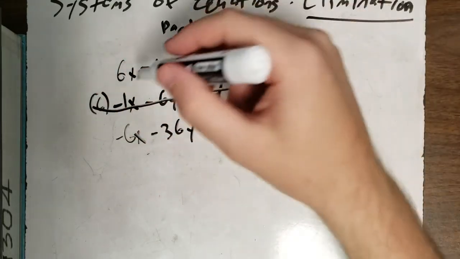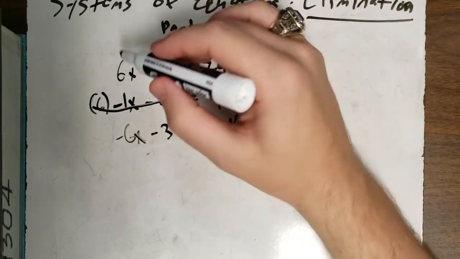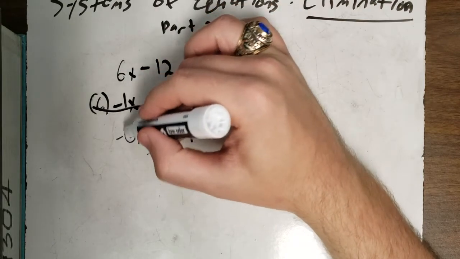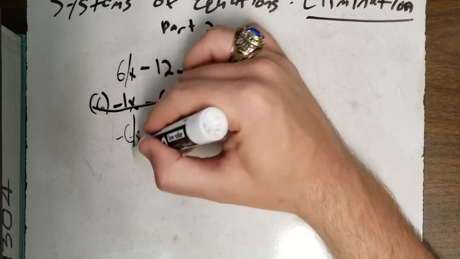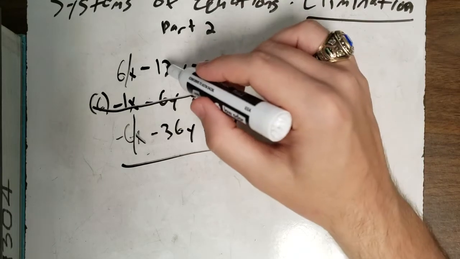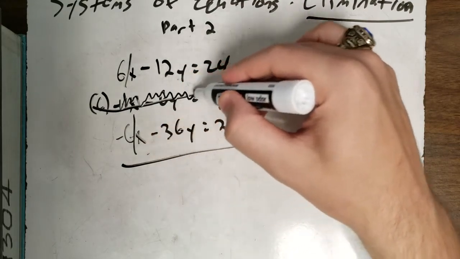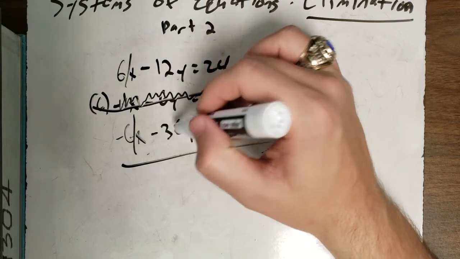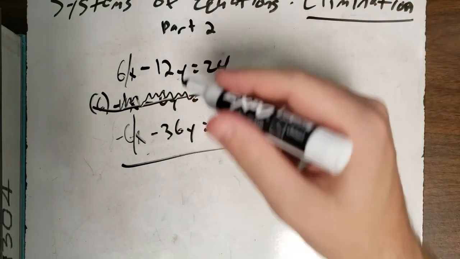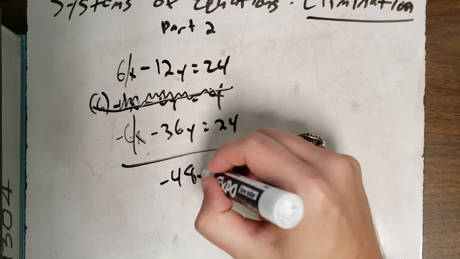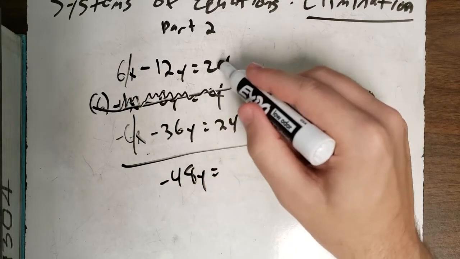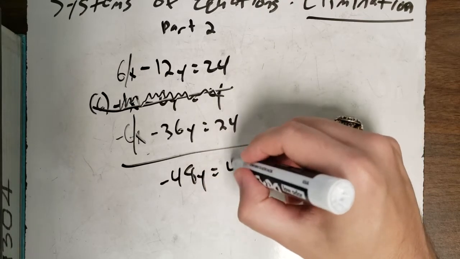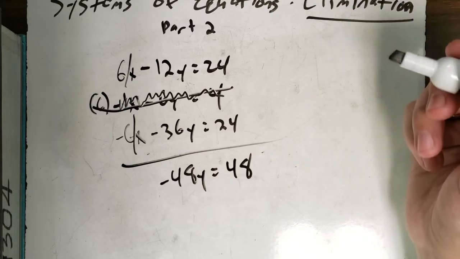We can just go top and bottom. So let's look. 6x and 6x, that cancels straight down. Negative 12 and negative 36, when you add those together, you get a negative 48. Why? 24 and 24 added together gets us 48.